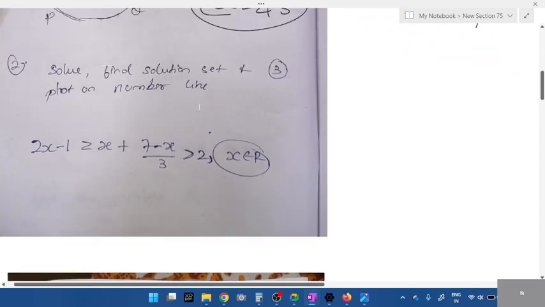Next. Find the solution set. How do you split it into two parts? 2x minus 1 greater than x plus 7 minus 3, and 7 minus x by 3. This is the first question.